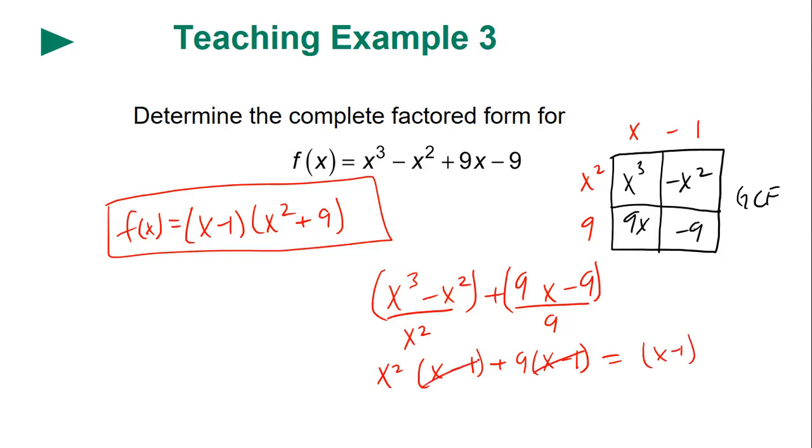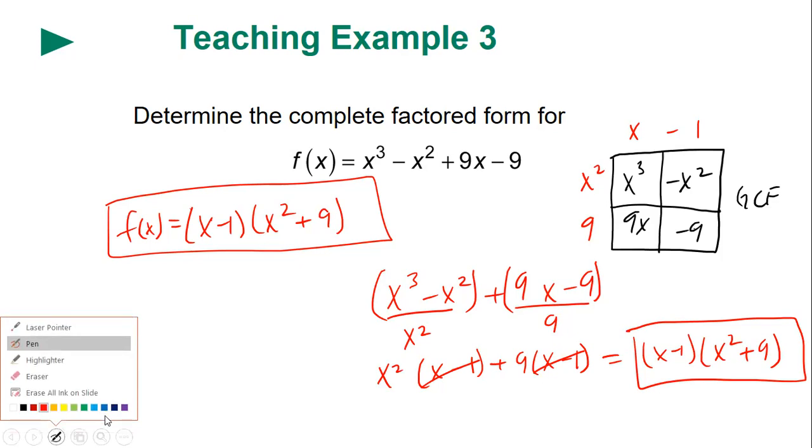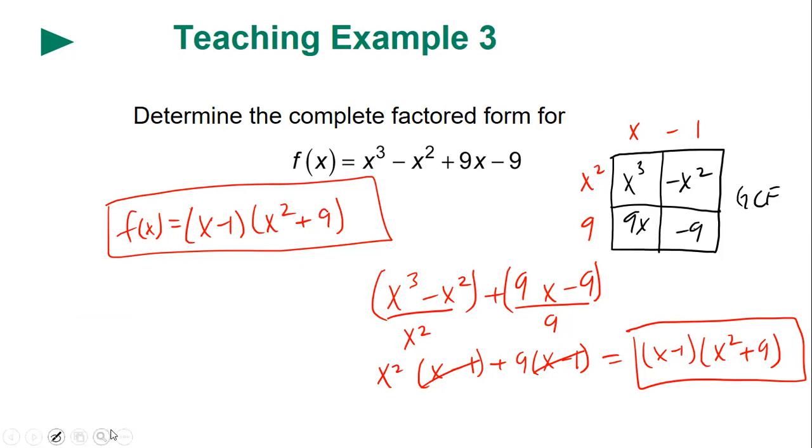You take out x minus 1. What are you left with? x squared plus 9. Do I still result in the same thing as doing the reverse box? So either one. Yay, nay? Okay.